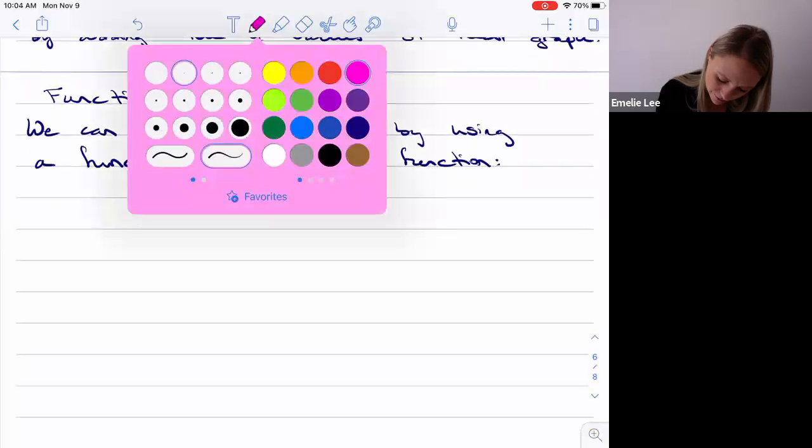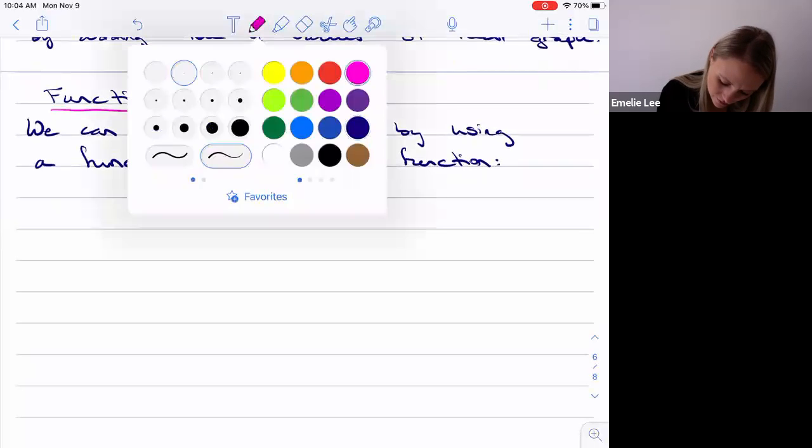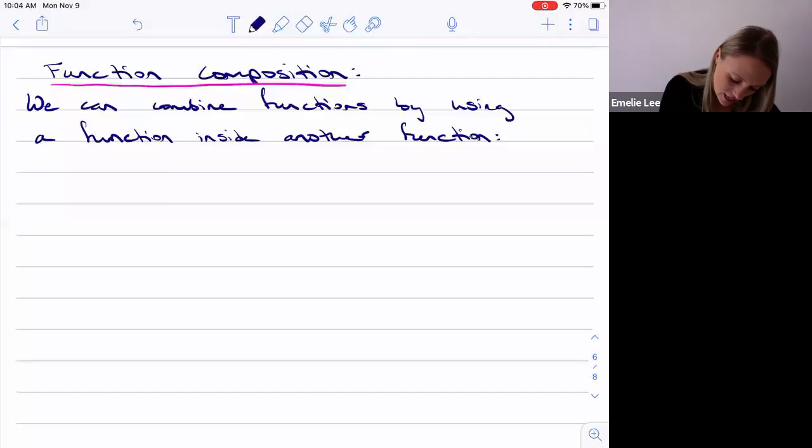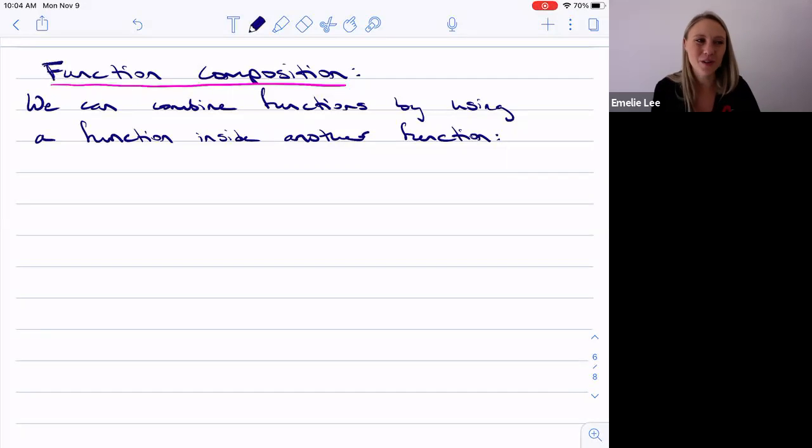So this is what we call function composition. And it's going to come into play a little bit in section 2.8 as well. So we need to be really good at function compositions, and they can be a little bit tricky at first because we have to keep our heads on straight and say, okay, I'm plugging this function into this other function.